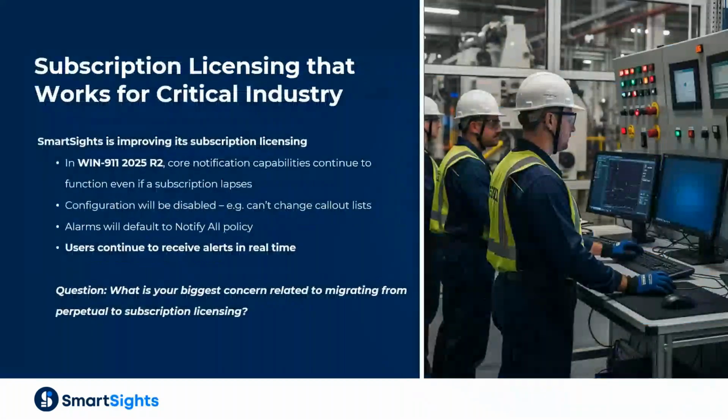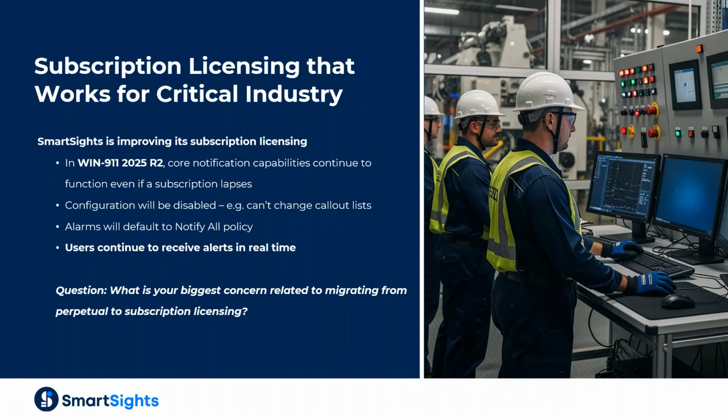So now we're going to talk about a bit of breaking news. I don't think we've actually announced this on our website or anywhere else, but SmartSights is improving its subscription licensing, starting in Win911 2025 R2, which is due out in June. Core notification capabilities continue to function even if a subscription license lapses.